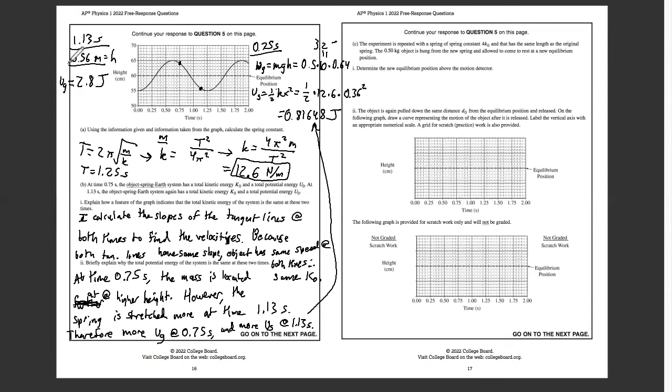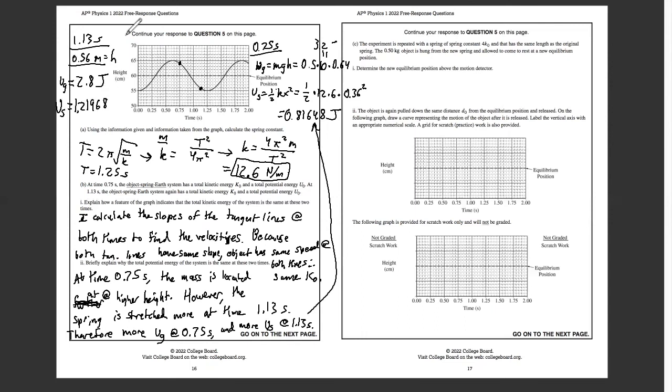Spring potential energy is going to be equal to, well, if I'm at 0.56 meters, that's a 0.44 displacement from equilibrium. So times 0.44 times 0.44, then I'm going to get spring potential energy equal to 1.21968.